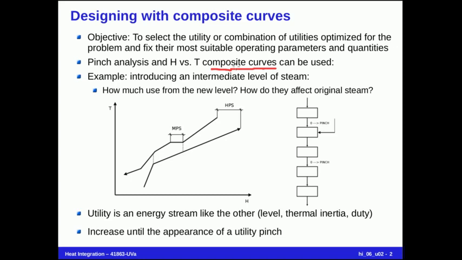This is because utilities are no more than hot or cold streams, exactly equal to process streams. As an example, we're going to use the composite curve to introduce an intermediate level of steam. Imagine, for example, that our problem is being heated with just one high pressure level steam and the boiler has broken.